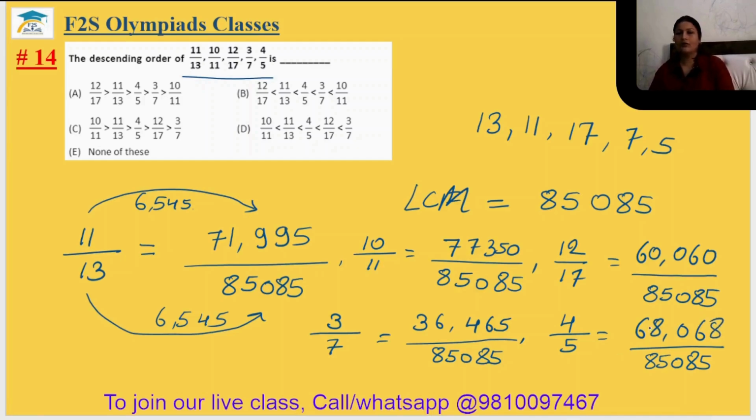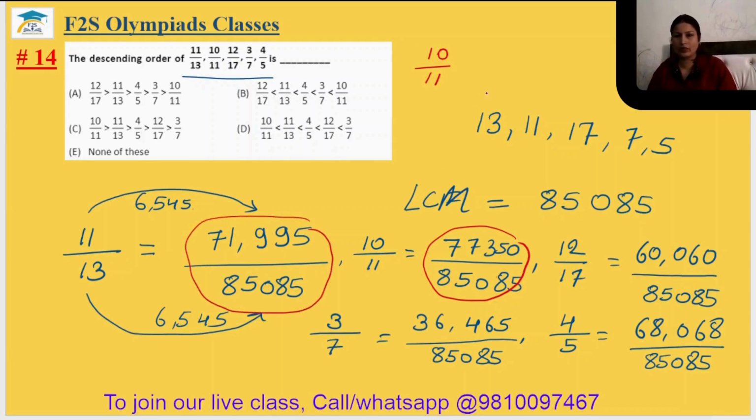Okay. Now check which numerator is bigger. Here it is 71,000, here it is 77,000. I think this one is bigger. So first we will write 10 by 11. Now there is 71,000, this one is bigger, so it will be greater than 11 by 13. Then 68,000, 4 by 5.